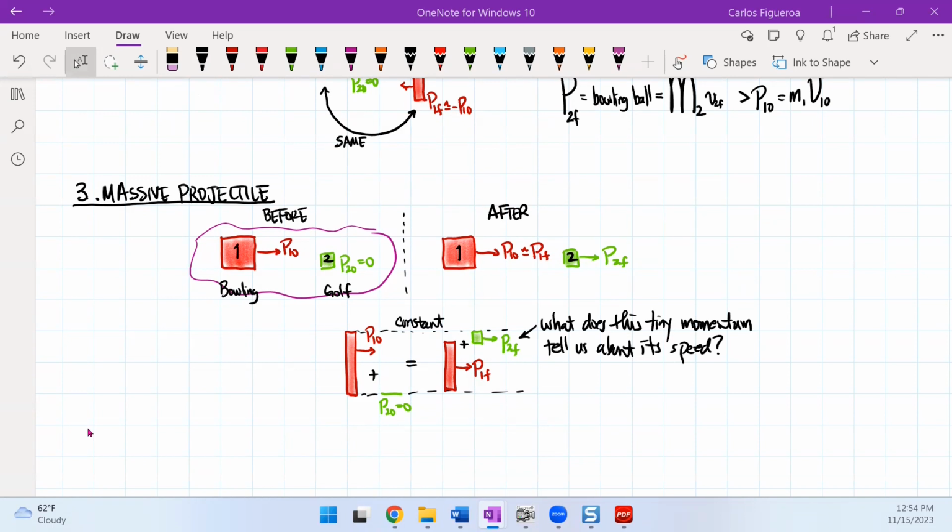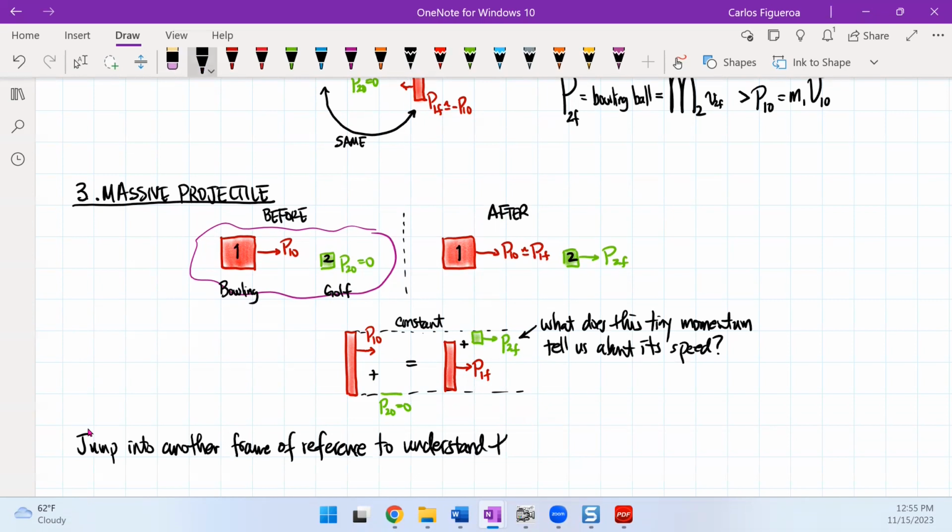So now what we want to do here is jump into another frame of reference to understand the speed of the target.